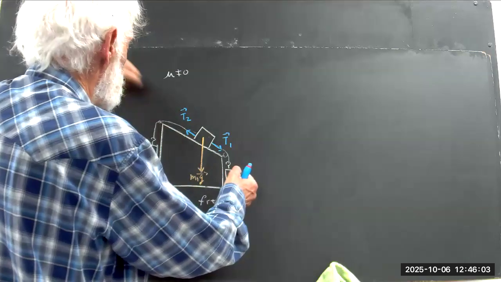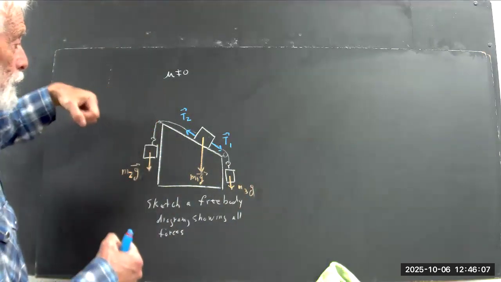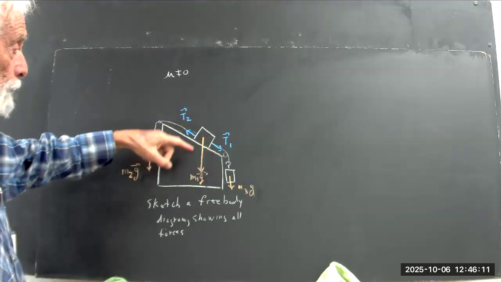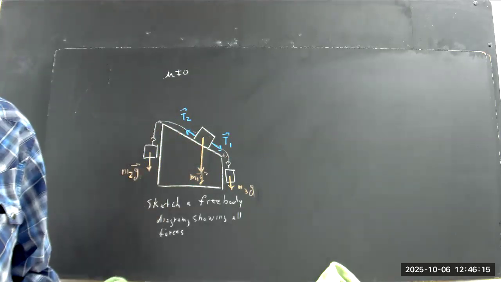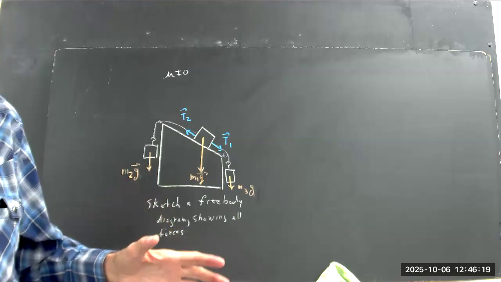One person's pulling here, another person's pulling here. You could adjust it so that the net tension in those two strings is sufficient to keep this thing on the surface of the ramp. Okay, but that's not likely.